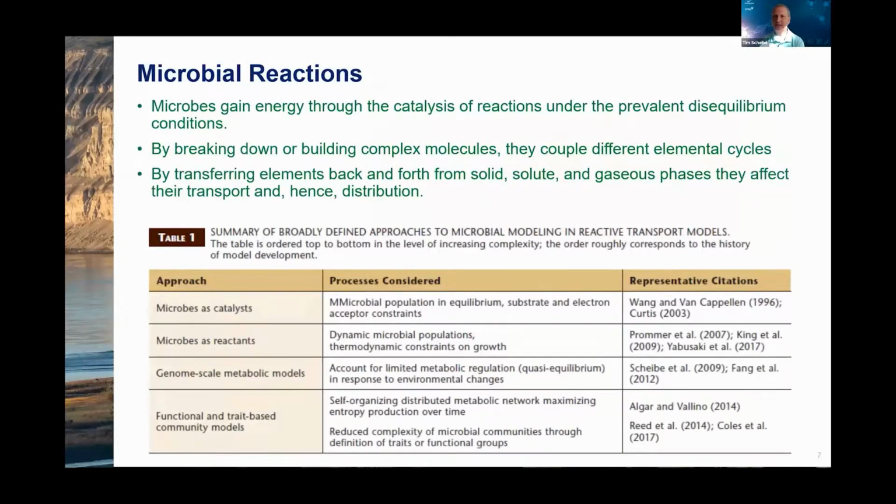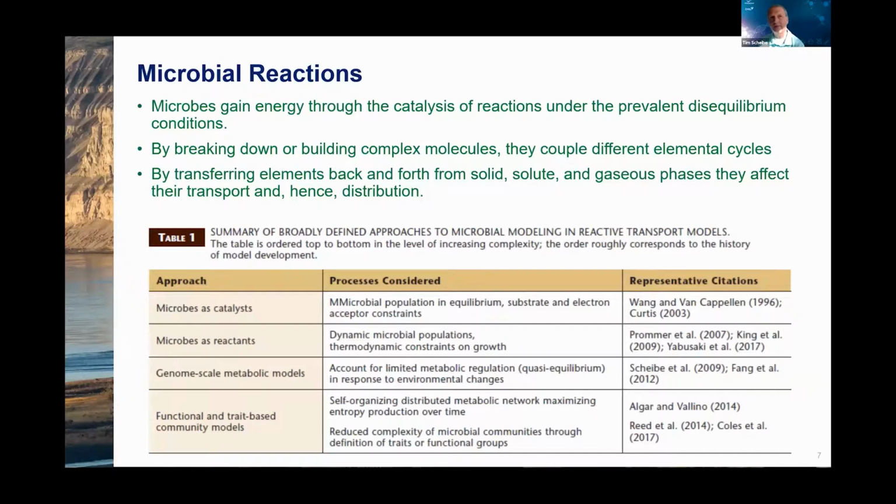In particular, we're interested here in how we incorporate microbial reactions. Now, there are many different kinds of reactions that can occur in environmental systems, and some of those are abiotic reactions. For example, interaction of solutes with mineral surfaces: sorption, desorption, surface complexation reactions. You can also have aqueous speciation reactions, where the various molecules are interacting in an abiotic context.